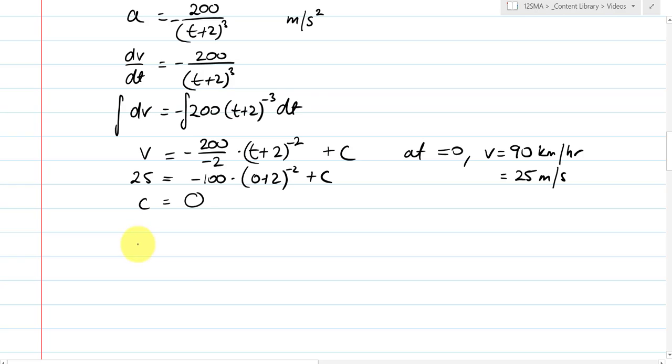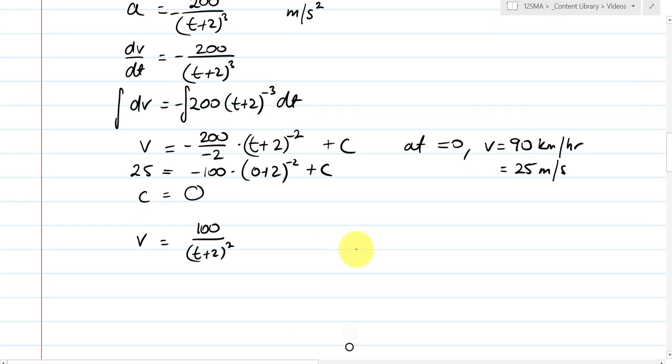But here we go. I've now got acceleration, so I've got velocity is equal to 100 over t plus 2 squared, and we want to find when the velocity is equal to 60.